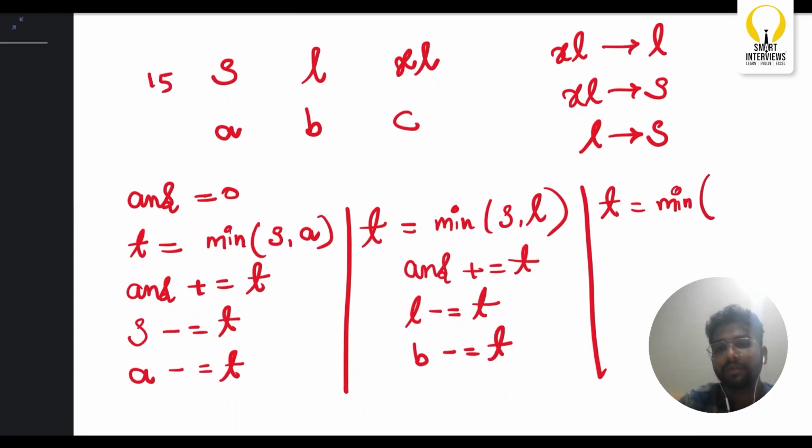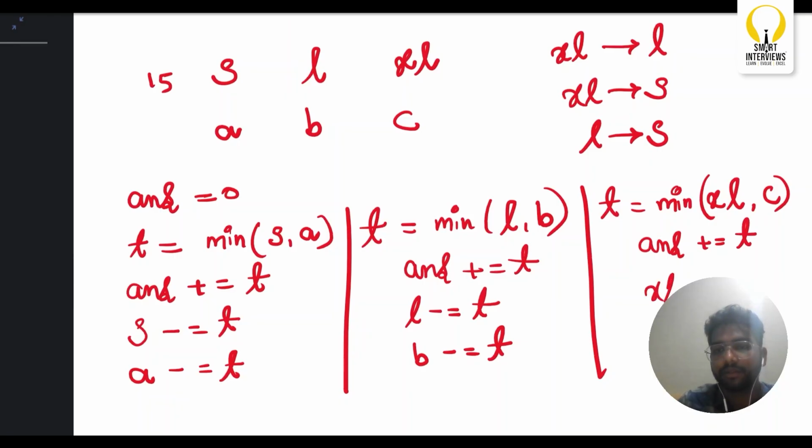Minimum of XL, or let's say, so this is not S comma L, this is actually L comma B, my bad. And here it is XL comma C, and answer plus equals T, and XL minus equals T, and C minus equals T.